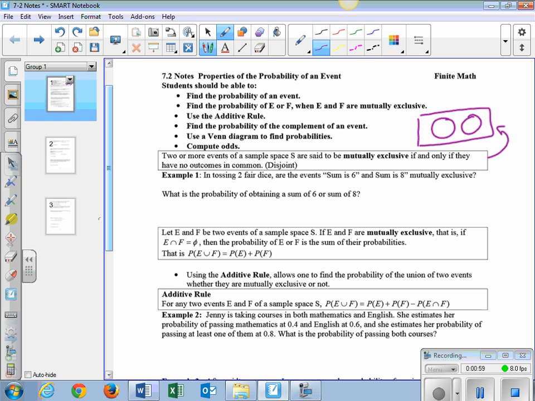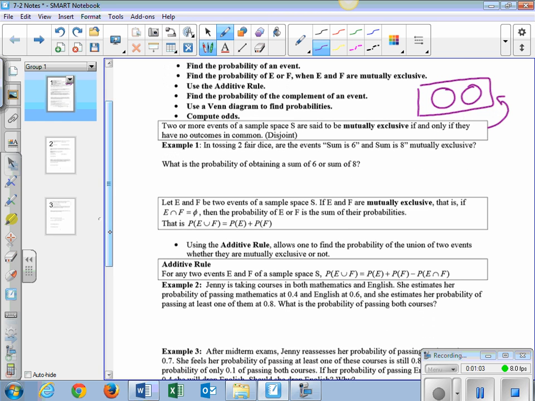So that's an example of mutually exclusive. Okay, here's an example. In tossing two fair dice, are the events the sum of 6 and the sum of 8 mutually exclusive? And when you roll two dice and add the two numbers together, can you get 6 and 8 happening at the same time? And no, you cannot.